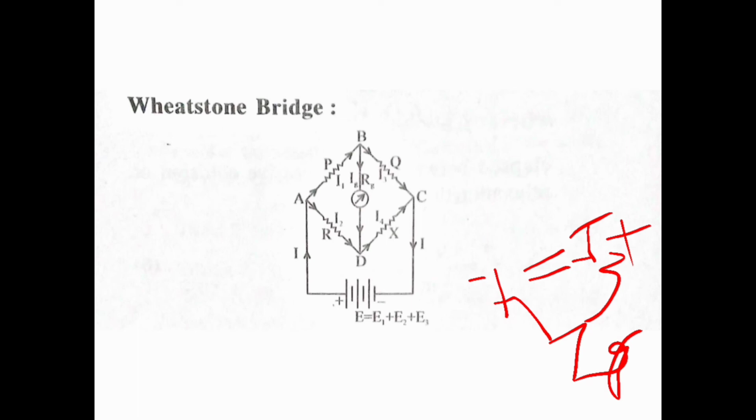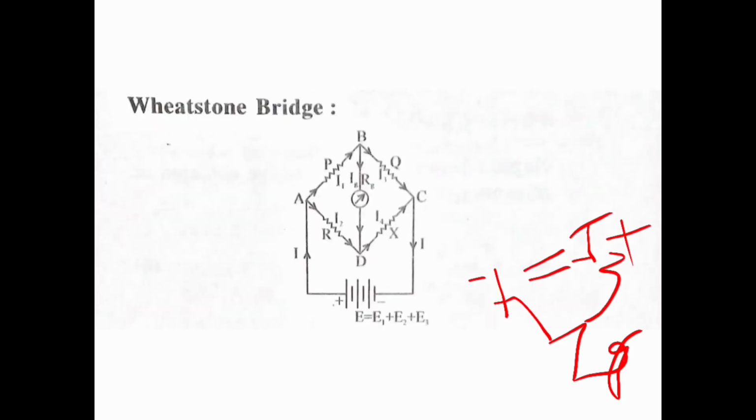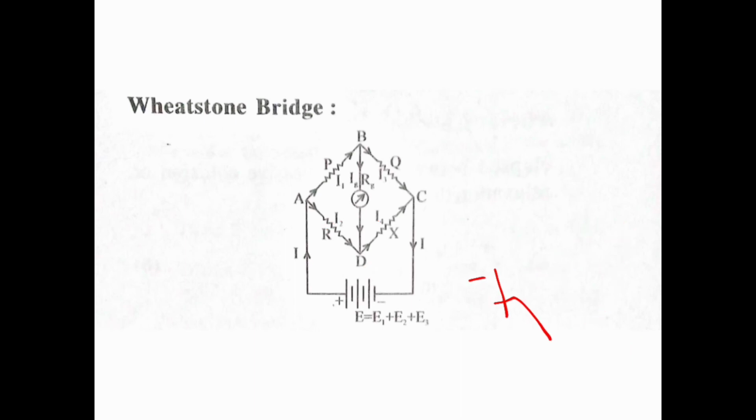Then come to the second point. This is equation 1, and also I2 plus IG is equal to I4. See the figure, this junction, we can draw this figure like that.